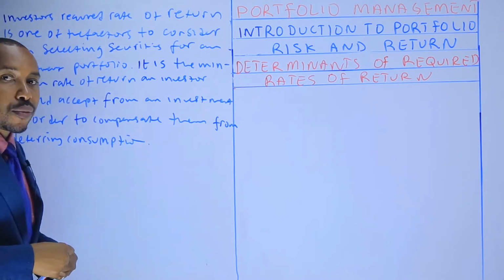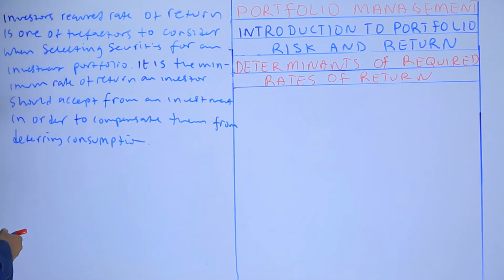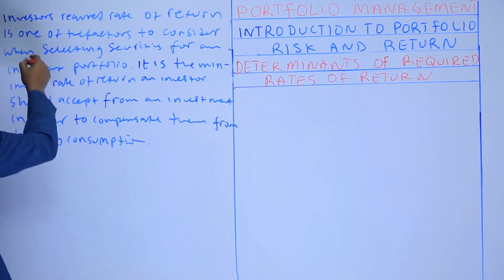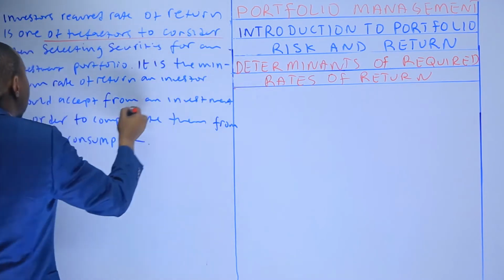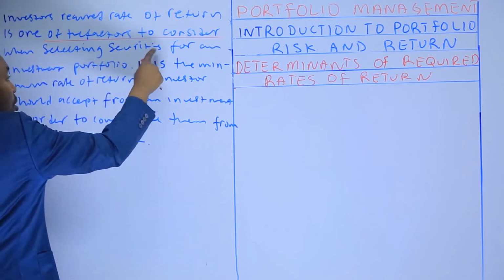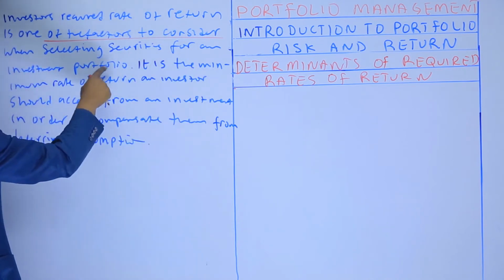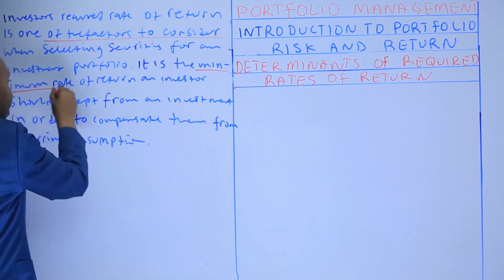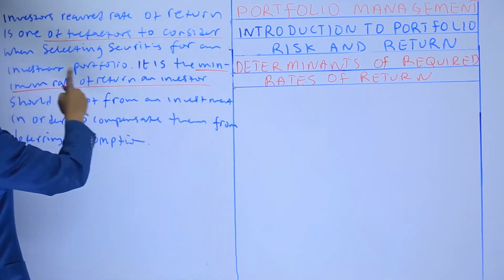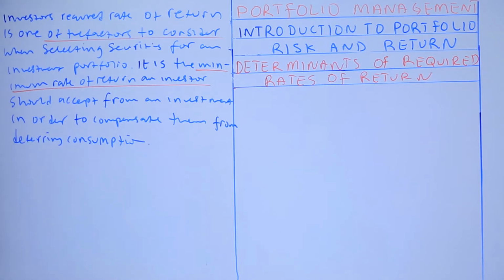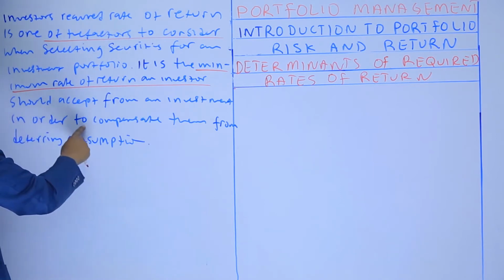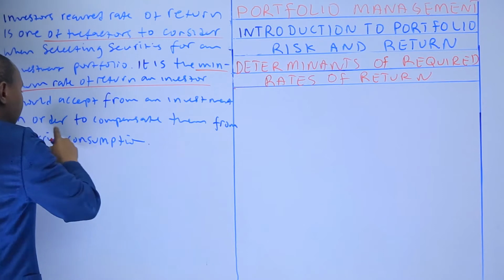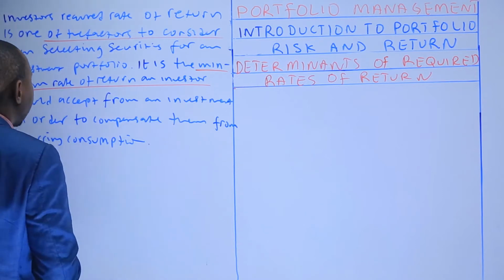So let's just recap what we've just written. Investors' required rate of return is one of the factors to consider when selecting securities for an investment portfolio. It is the minimum rate of return an investor should accept from an investment in order to compensate them for deferring consumption.